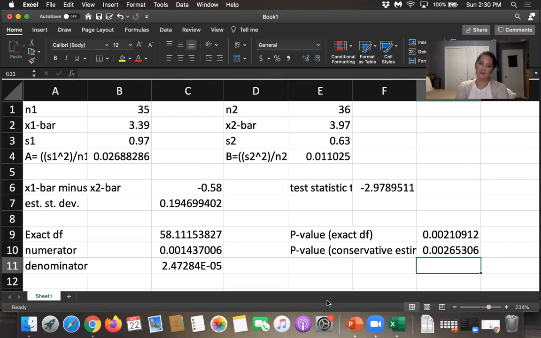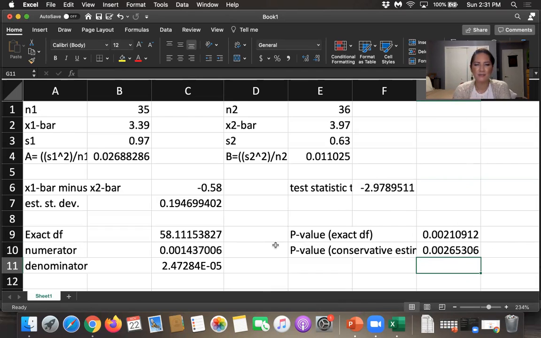Look at the difference in the p-values. It's very small. One is 0.00210. This one is 0.00265. So the difference between this one and this one is 0.00055 approximately. That's a very small difference. And it's not a difference that actually makes a difference when it comes to rejecting or failing to reject the null hypothesis.